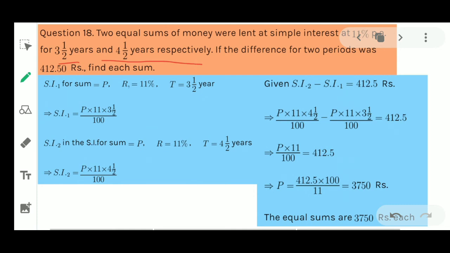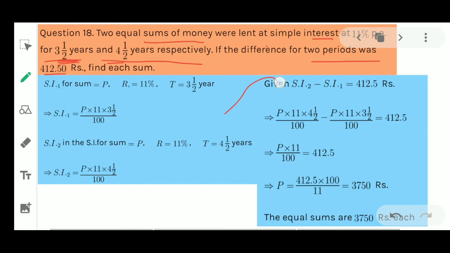So here two equal sums we have, and time is different, but simple interest rate is also same, and principal is also same, but time is different. Okay, if the difference of two interests were 412.50 rupees, then find its sum.